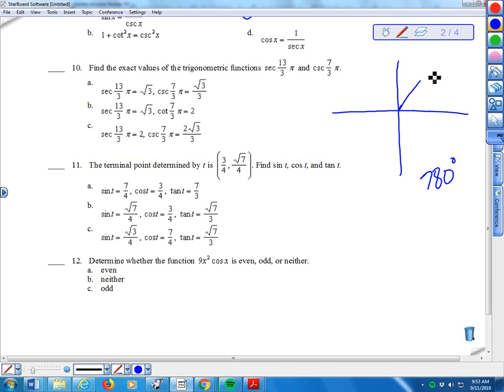So it's wanting to know the secant of 60. Well, if I don't even draw it on the unit circle, this is 1, 2, square root of 3. And I want secant. Secant's the inverse of cosine. Cosine is 1/2, so secant would be 2.